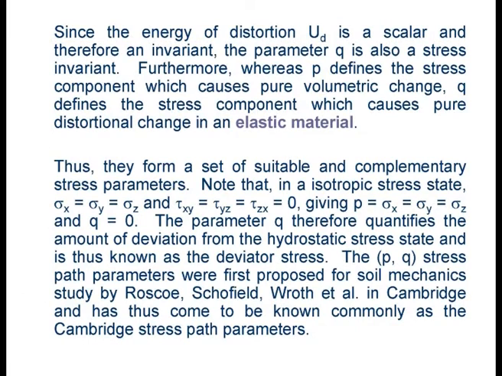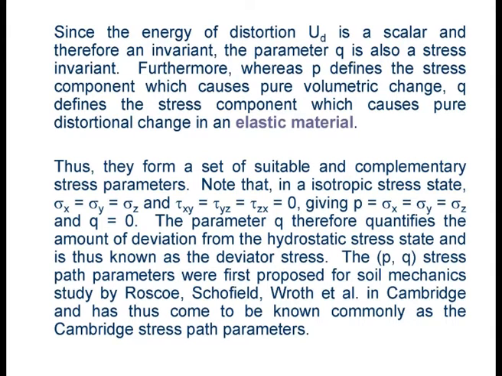Basically, this group of these two parameters, I've simplified the whole thing quite a bit. These two parameters are called Cambridge stress path parameters, and they were first used by Roscoe, Andrew Schofield, Peter Wroth, etc. And that's the reason why it comes to be termed as Cambridge stress path parameter. Now, it so turns out that Q is also independent of direction because Q is derived using energy.